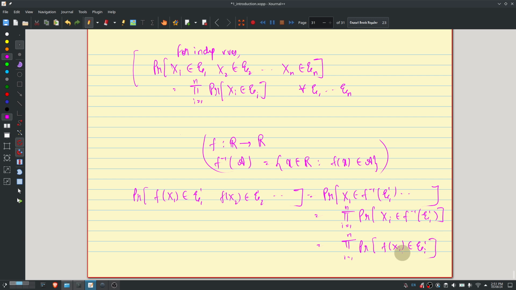So this holds for every function, as long as the function is operated on each individual random variable.